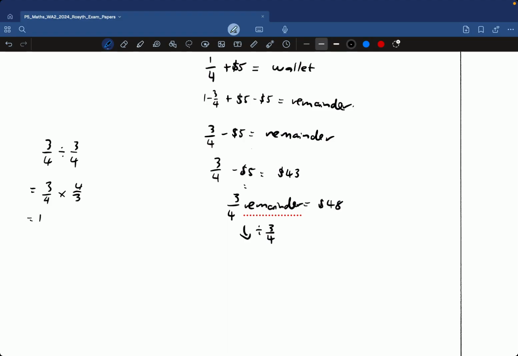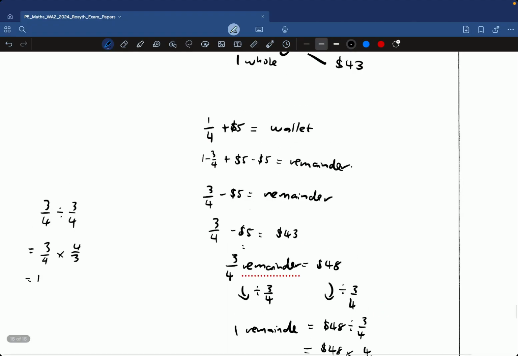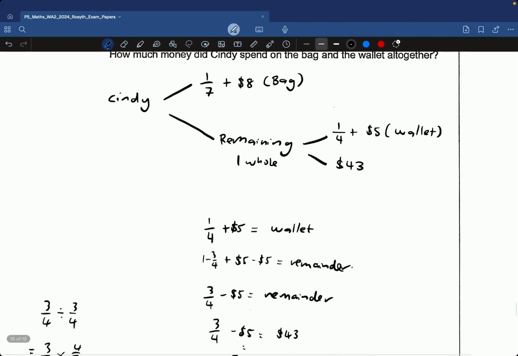So $48 times 4 over 3. 48 divided by 3 is 16, and 16 times 4 is $64. So we know the remaining money here is $64.